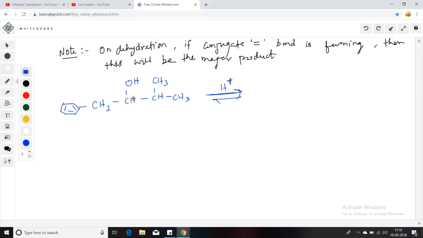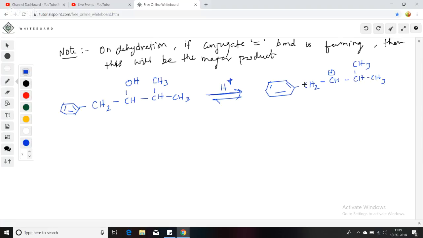Here we'll have the carbocation. The OH takes H plus and the carbocation will form here. Now the possible intermediate is this: CH2, CH positive, CH, CH3, and CH3. Now in this particular intermediate, H plus has to come out, right? And H plus can come out from this carbon, right?